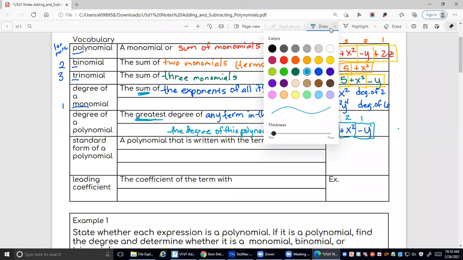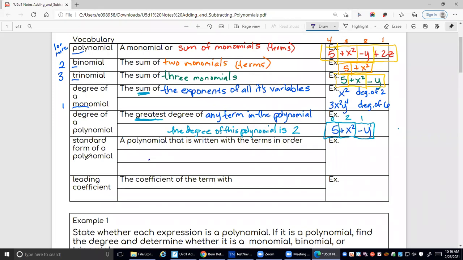All right. So now that I have that, standard form of a polynomial is a polynomial that is written with the terms in order, from greatest degree to the least degree.